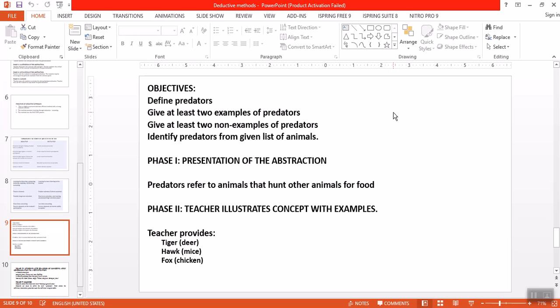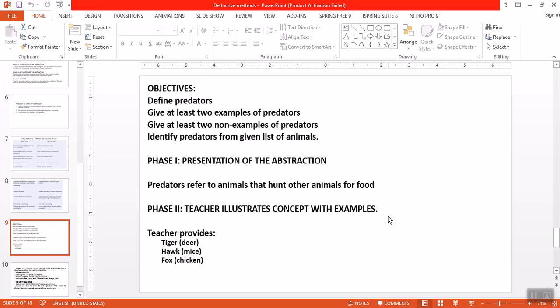And now here is an example of the deductive method. For example, the teacher defines predators, then gives examples and non-examples and identifies predators. This is the objective. Phase 1, presentation of the abstract, which means he defines everything, and students are made aware of the concept.